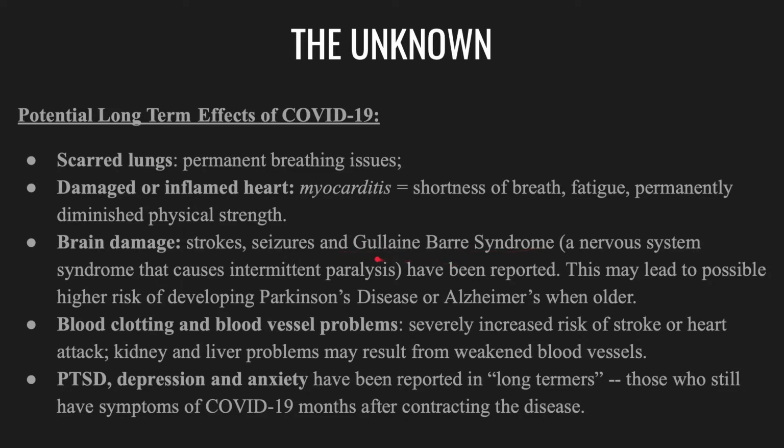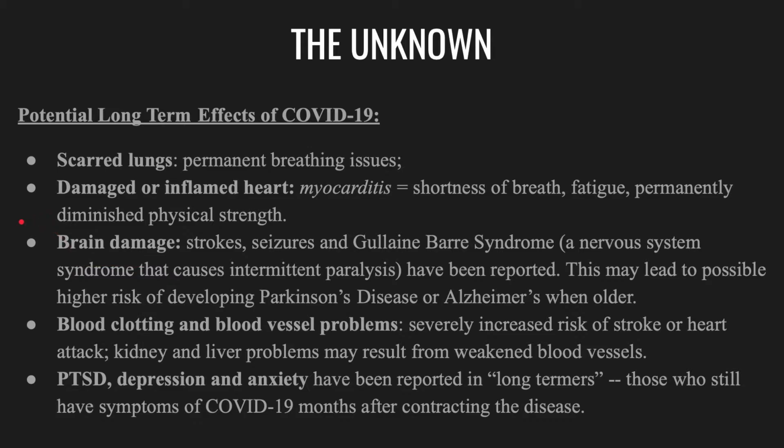I apologize to the French speakers here that I butchered that. Guillain-Barré syndrome is a particularly nasty nervous system syndrome that causes intermittent paralysis. So literally your body locks up because of it. All of these things have been reported and documented in regards to lasting effects of COVID-19.